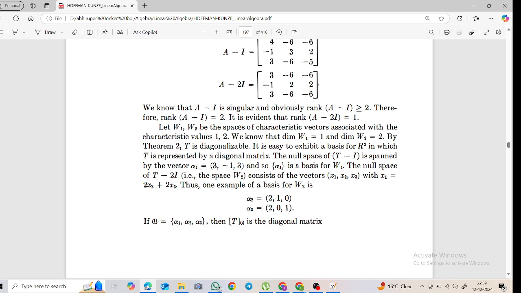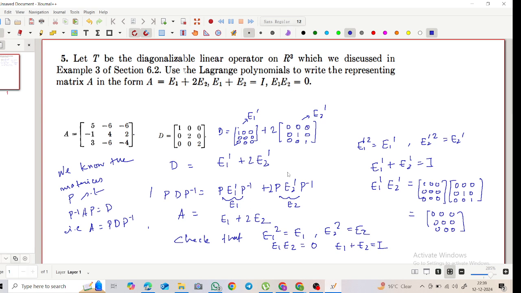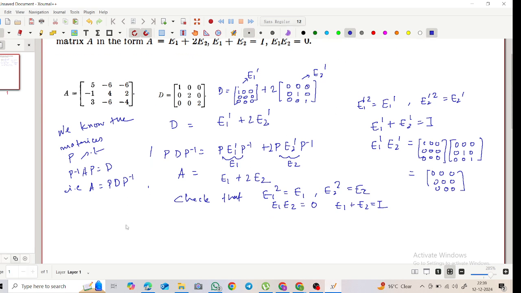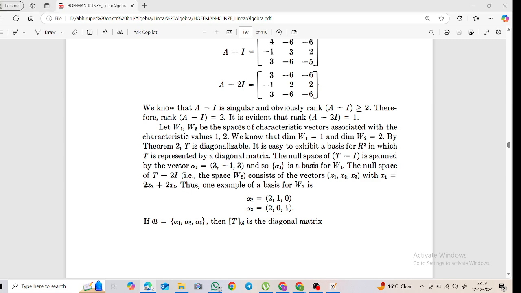This was our change of basis matrix, na? Alpha 1 is 3 minus 1, 3. Alpha 2 is what? 2 1 0.